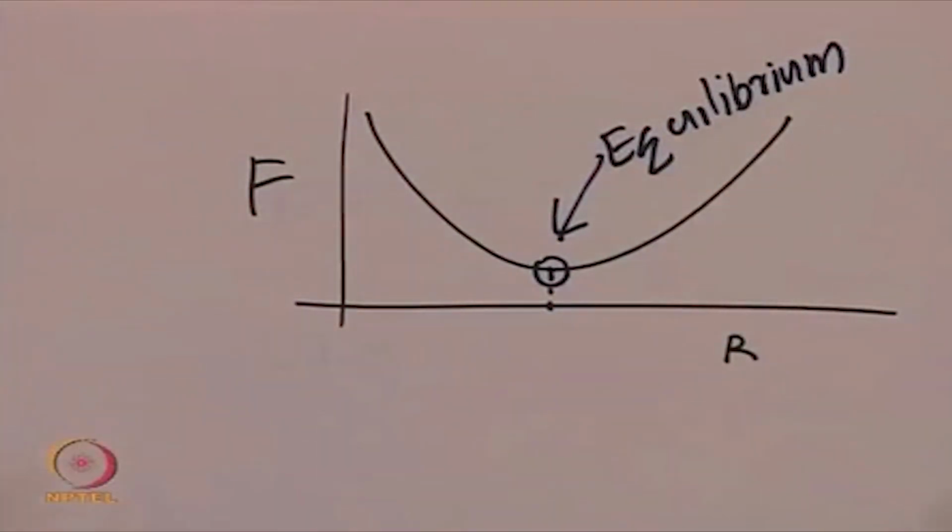In thermodynamics, equilibrium is a state. When I say state, it is the conformation of a protein, or a configuration, or the position of molecules in a protein. The molecules will take those particular positions such that the free energy F, which is E minus TS, is minimum.